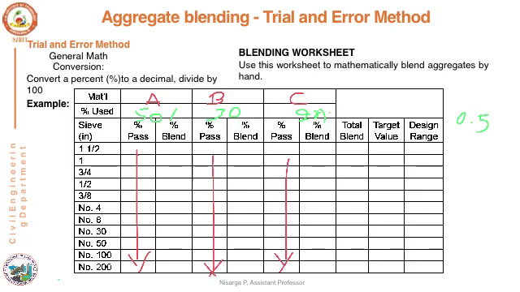Just keep this in mind: when we do the calculation, the percentage is not taken directly. Instead, we convert it into the decimal value. 50% is equivalent to 0.5, 30% is taken as 0.3, and 20% is taken as 0.2. In the previous aggregate blending sheet, aggregate C is not available in this example.